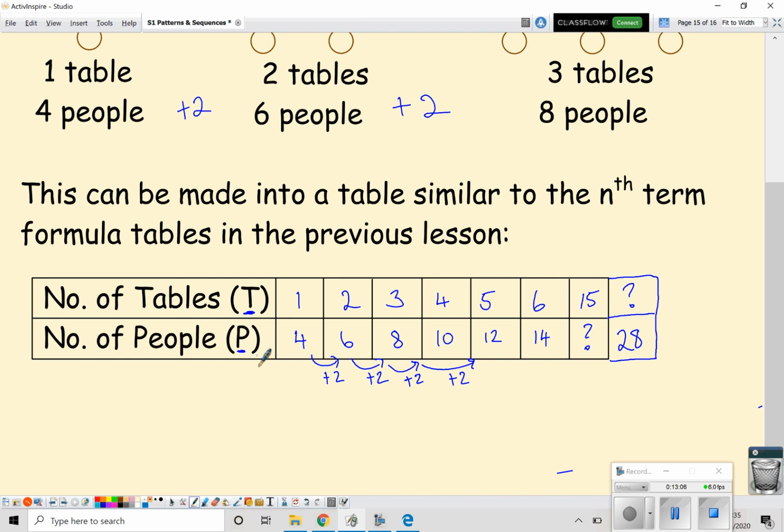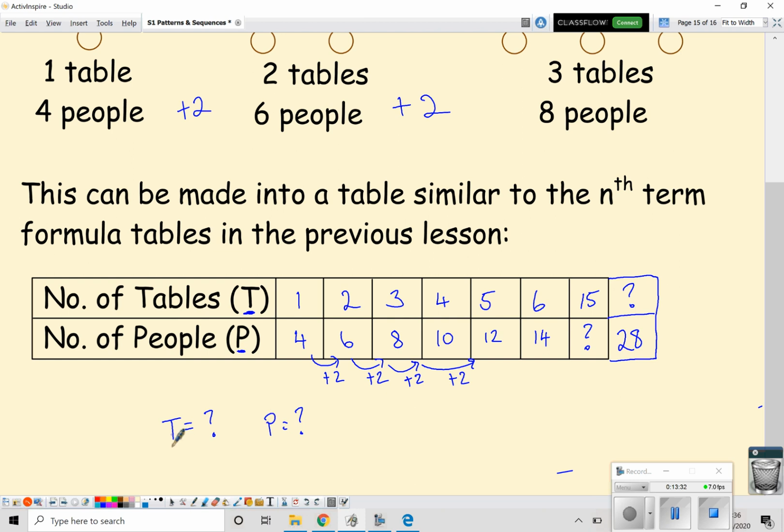Now, the first question that you'll ask yourself when you're building this formula is, should I have T equals or should I have P equals? There's a nice, easy way to work that out. What you always want is a formula that's equal to whatever letter's on the bottom row.